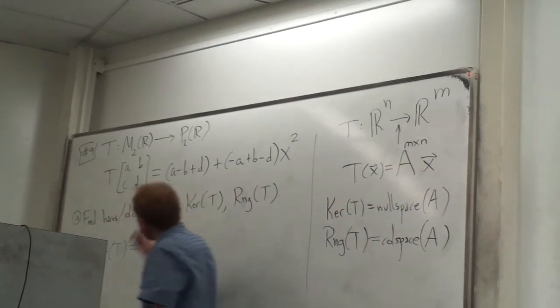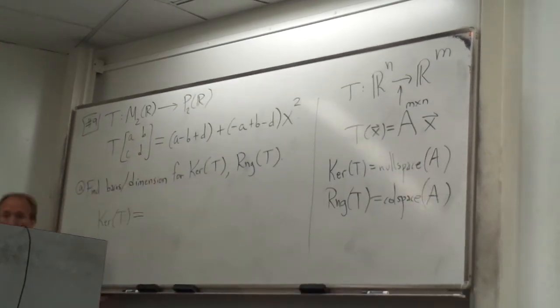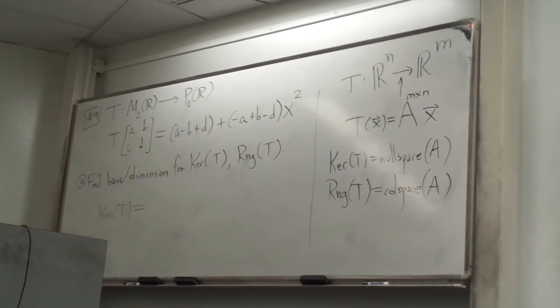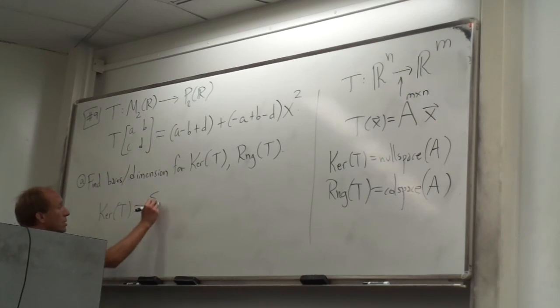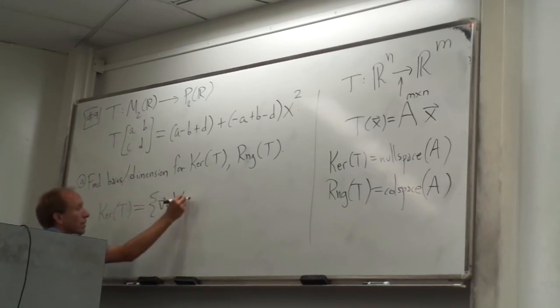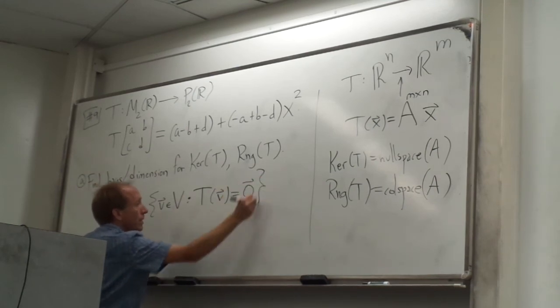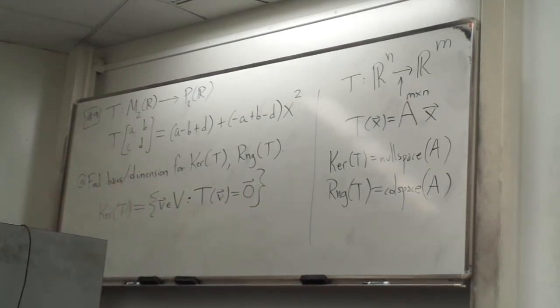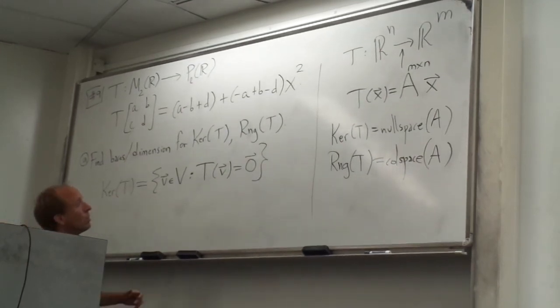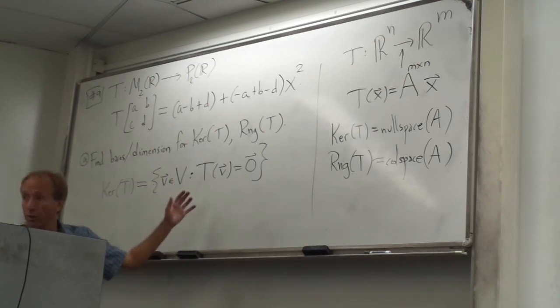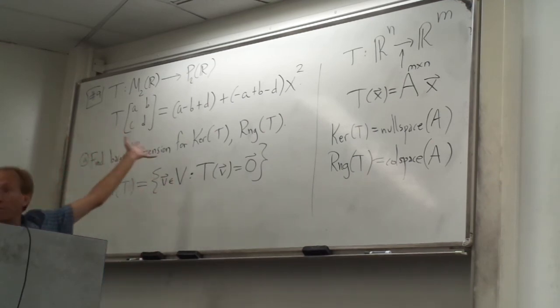So in this context, you really have to go back to the more abstract definition of kernel, which is that it's the set of vectors that get transformed to 0. It's just those vectors that get killed, basically. So to find your kernel, you set your transformation equal to the 0 vector.